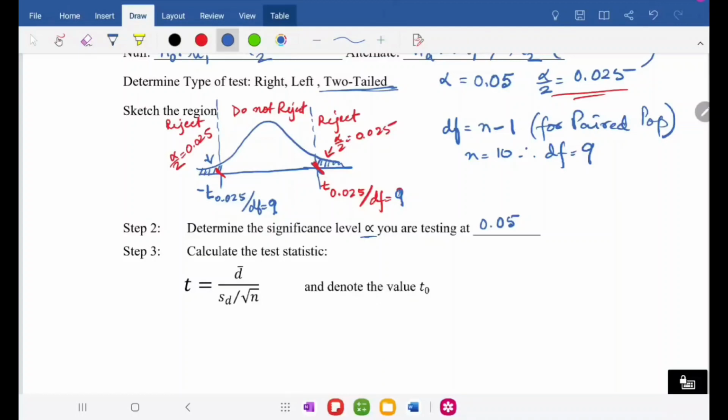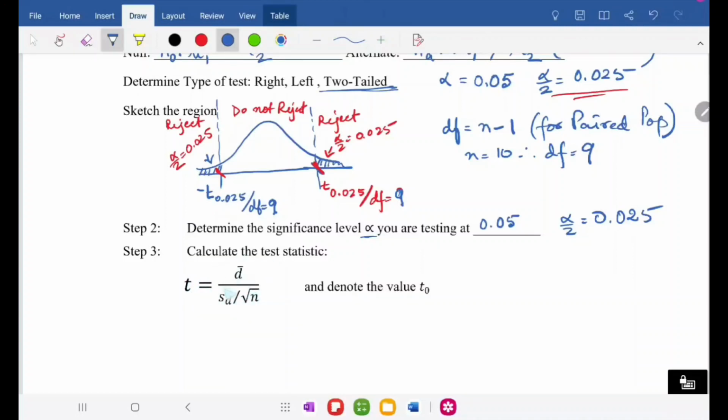It cannot be less than 0, it cannot be more than 1. And because it's a two-tailed test, we have to find alpha by 2, which we've already done, and that's 0.025.